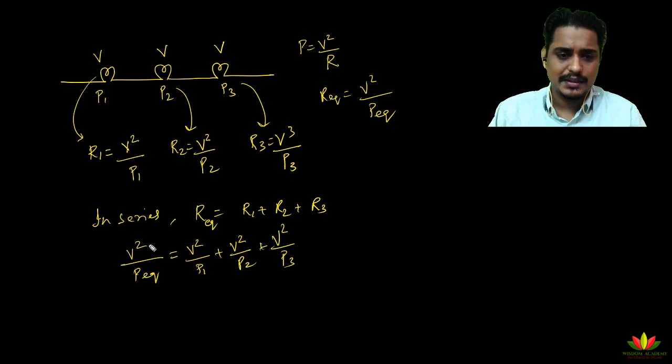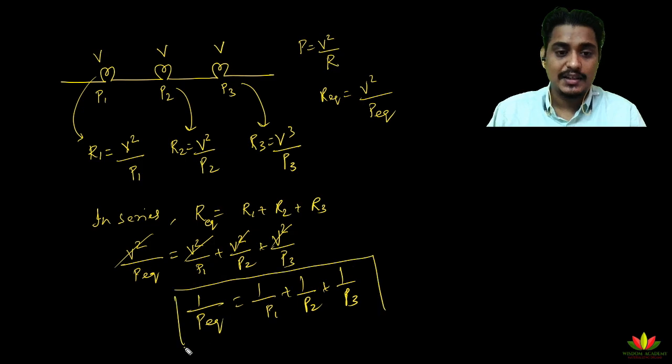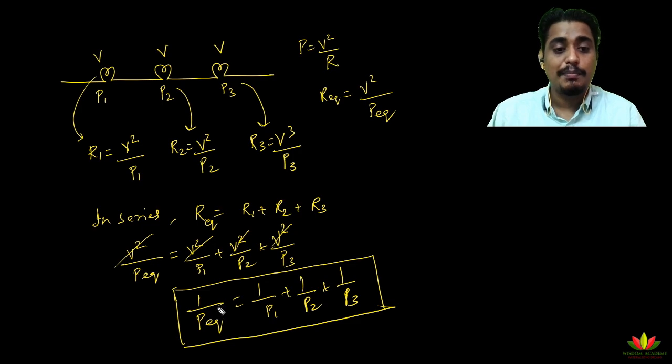If you take V square common, everything gets cancelled out. And finally, you get 1 by P equivalent is equal to 1 by P1 plus 1 by P2 plus 1 by P3. So what you have seen is that whenever the appliances are connected in series, their powers are reciprocally added, like what we have seen in the parallel combination of resistances.